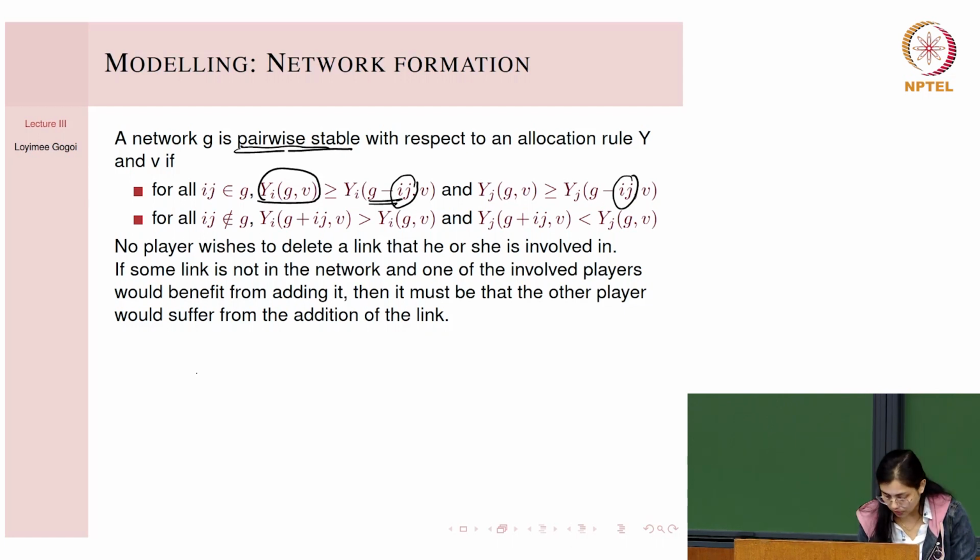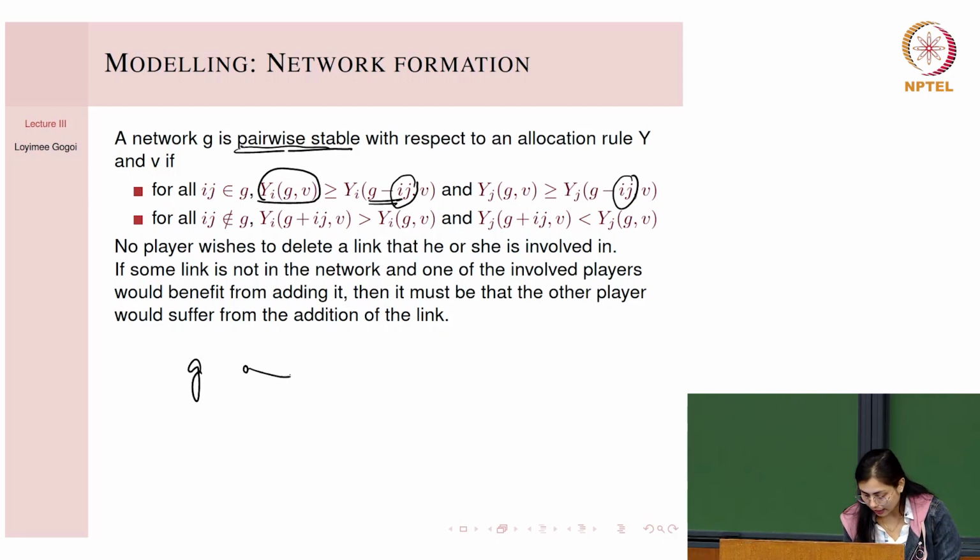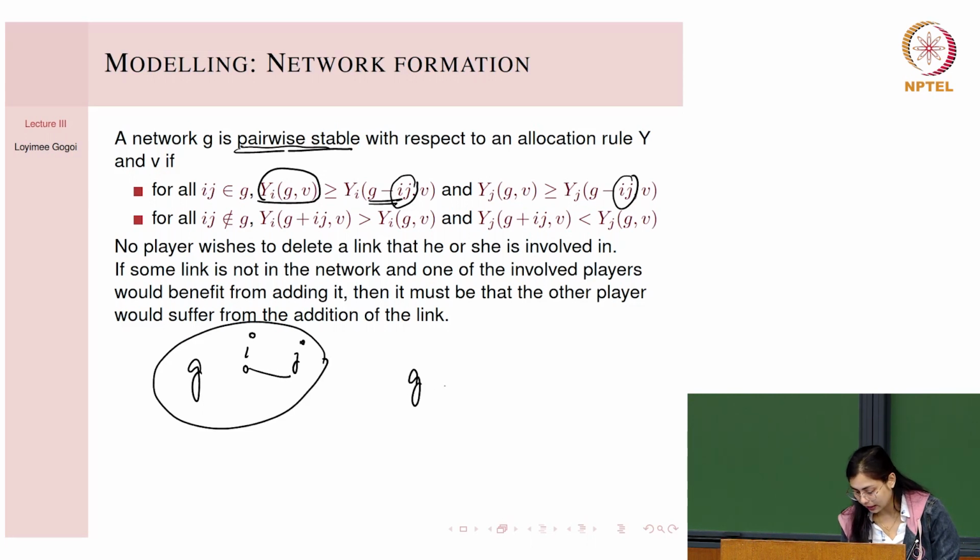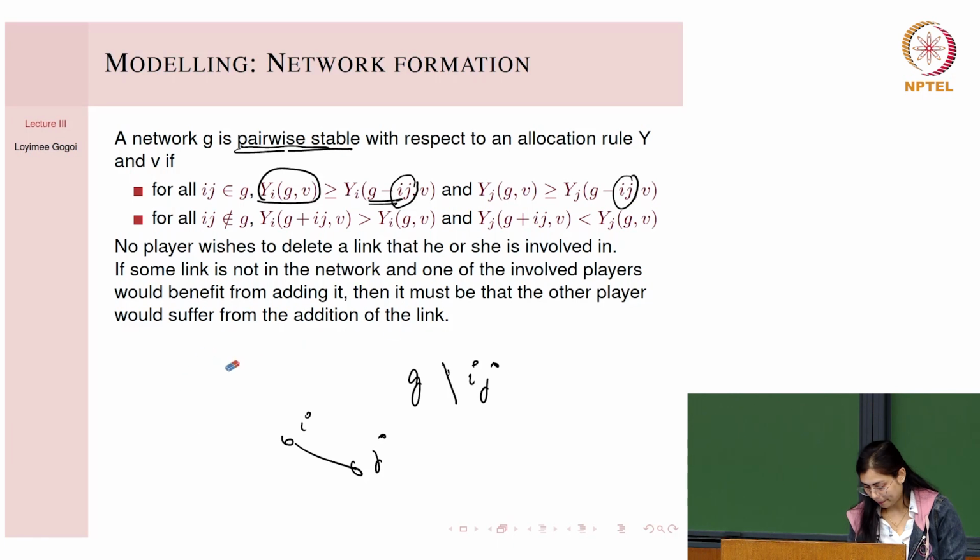Suppose i and j are connected in G. If I delete the link between i and j, right? Okay, let me erase this part.